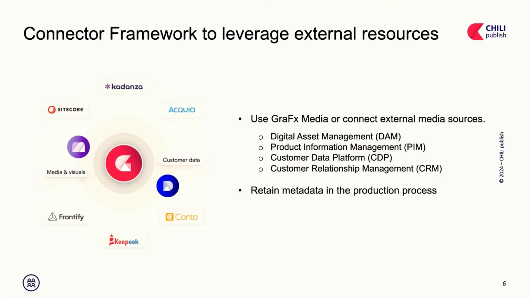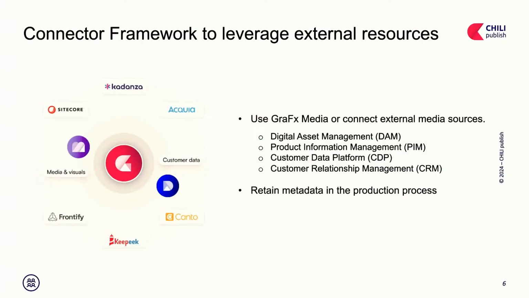To make this work, to make work flow through different systems into Graphic Studio and from Graphic Studio to the various output channels, we invested in a connector framework over the last months. Can you talk a bit more about that? Yeah, sure. So you're typically already sitting on a large pile of data, so brand assets and product information, customer data, you name it.